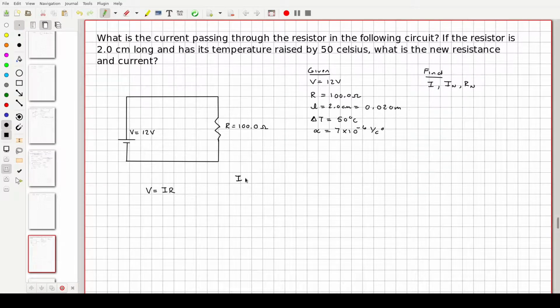So I here is just V over R, which would be 12 volts divided by 100.0 ohms. So what's 12 divided by 100? Well, that's easy. That's 0.12 amps. All right. So we found I.